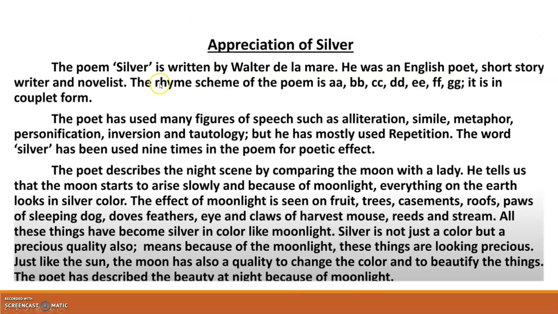Now, this is what we did: the title, the rhyme scheme, the figure of speech. Now coming to the central idea of the poem. Now let's see what is the central idea. The poet describes the night scene by comparing the moon with a lady. He tells us that the moon starts to arise slowly, and because of moonlight, everything on the earth looks silver in color.